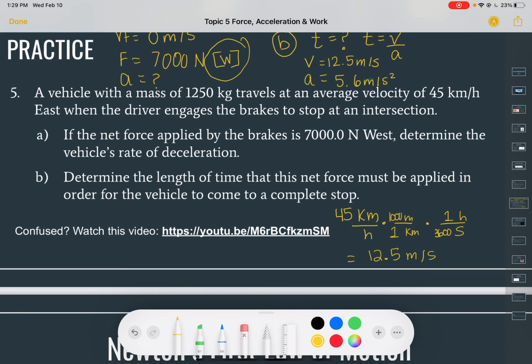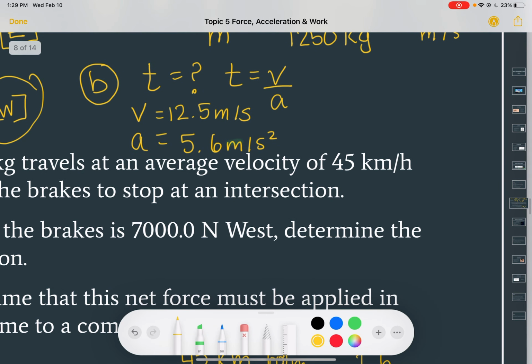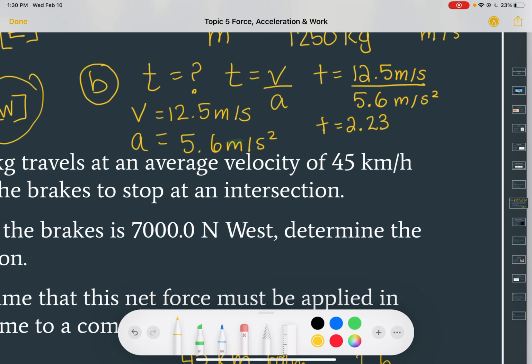So now that I have that, I can calculate this question. So my time is going to equal my velocity, which is 12.5 meters per second, divided by our acceleration, which is 5.6 meters per second squared. Okay, so when we do that out on our calculator, we should get our answer. And I figured that out to be 2.23, and that would be seconds.